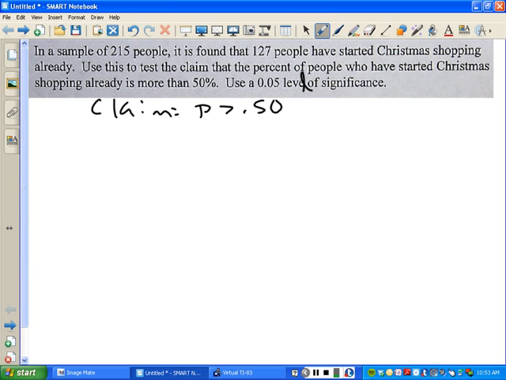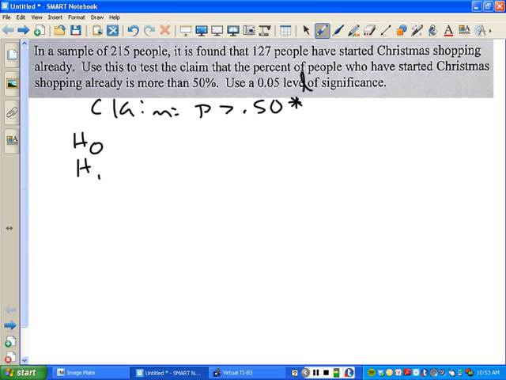After we figure out whether it's bigger than, less than, or equal to, our next thing is to figure out what is H0 and H1. Remember that whatever this is has to be either H0 or H1. If it has an equal sign, as the one we do later will, it'll be H0.